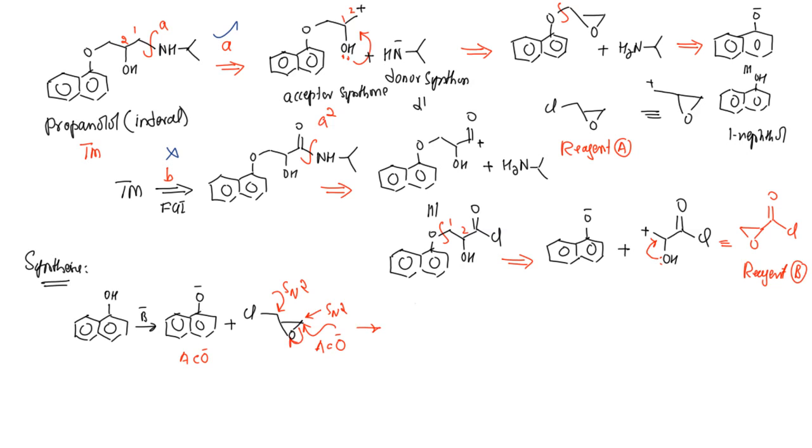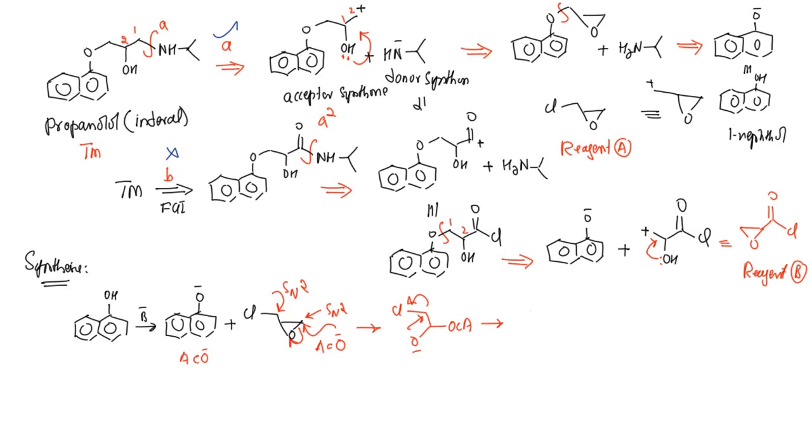I am going to write a mechanism. And here I have an acetate, especially the phenoxide will attach right over here, and again this negative charge will attack this carbon in SN2 fashion by expelling a chlorine atom.